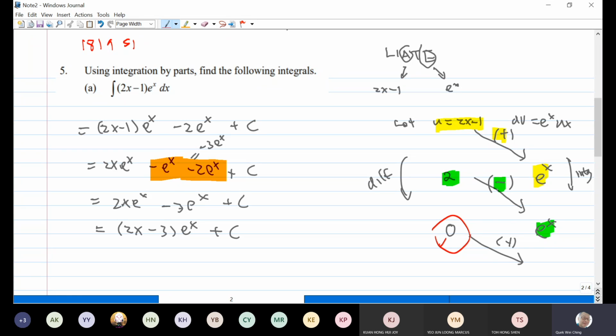Now 5B will be slightly harder. Okay, 5B. So this is 5A first. So I can ask you how to do 5A. 5B will be slightly harder. First 5A, we already had to do integration.